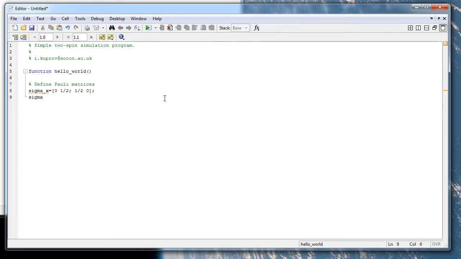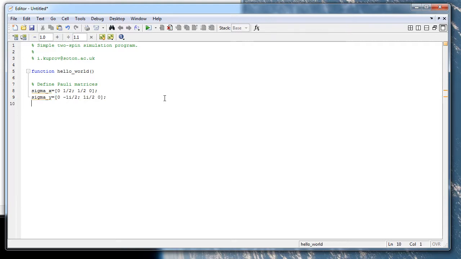Then sigma y is, as the textbook says, minus 1i over 2. This is how i must be entered into MATLAB. Then 1i over 2, 0. That will be the sigma y matrix, and sigma z is similarly a half, 0, 0, minus a half.